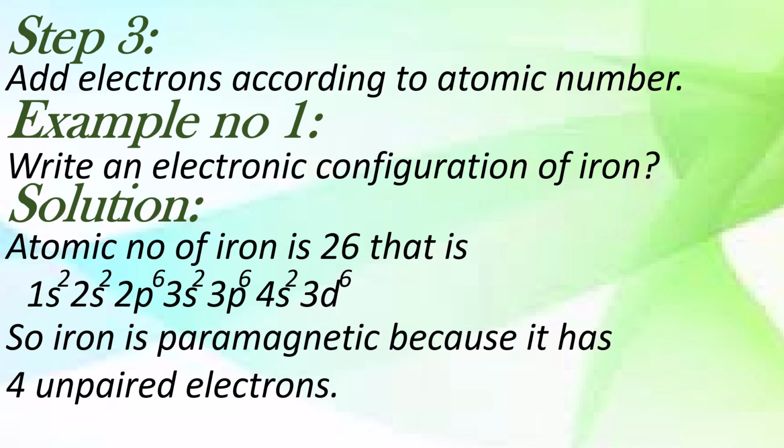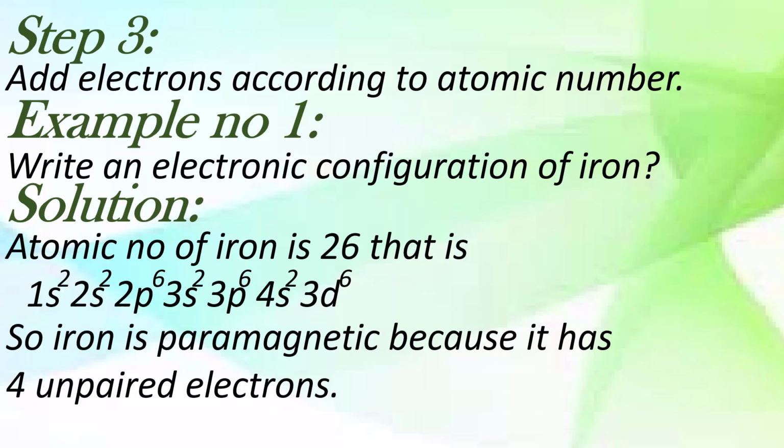First we will write 1s according to the Aufbau principle. Then 1s has lower energy, 2s has higher energy, 2p has much higher energy, and so on. So according to the Aufbau principle, we will write the principal quantum number and subshells.